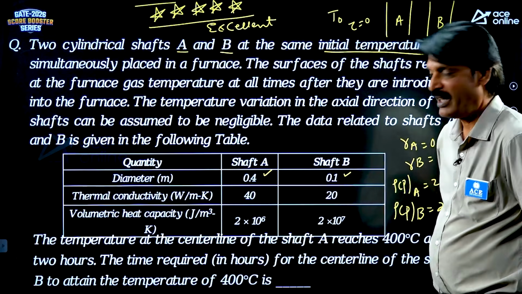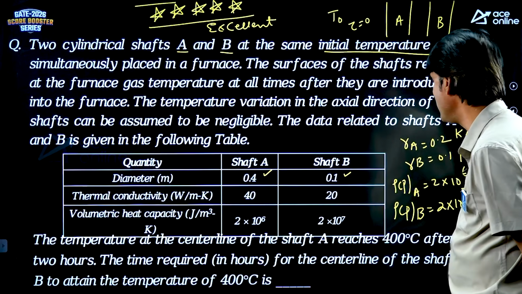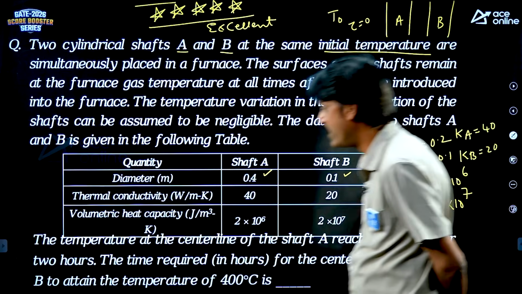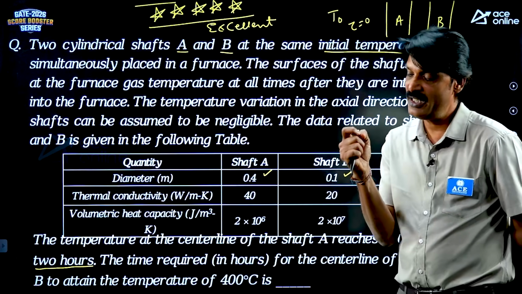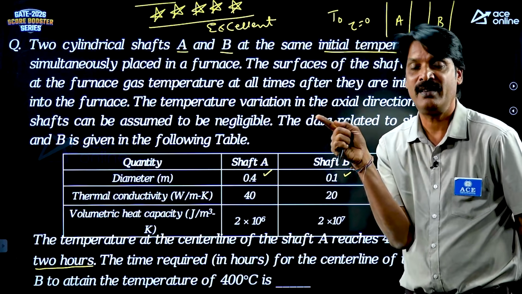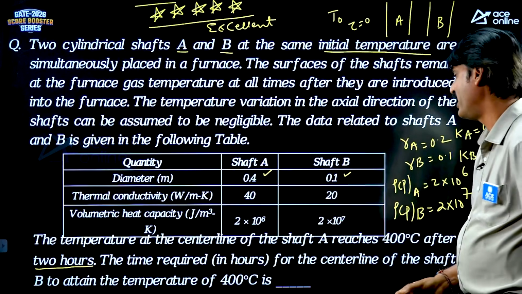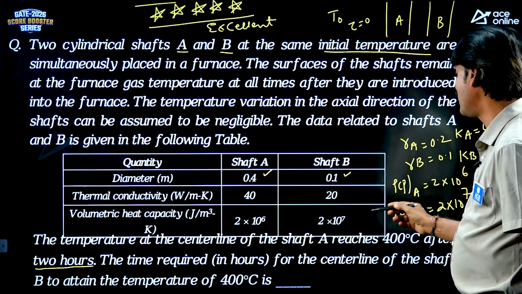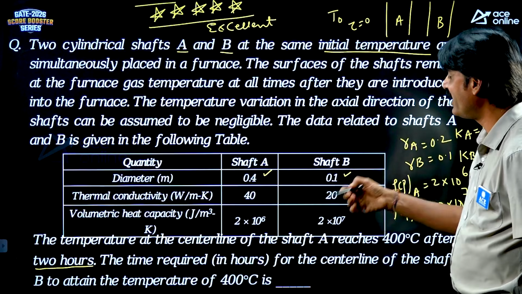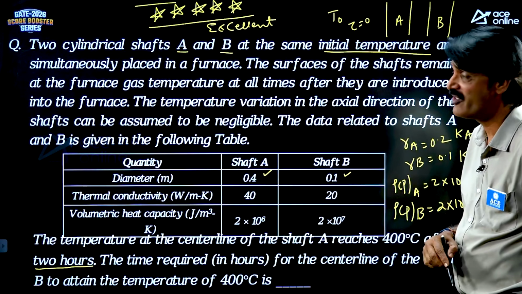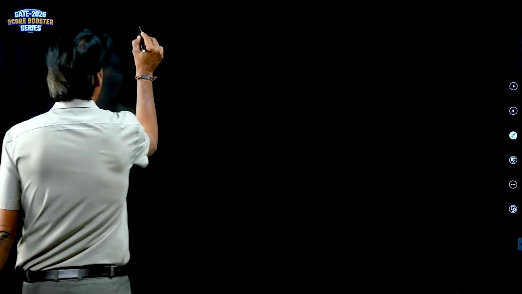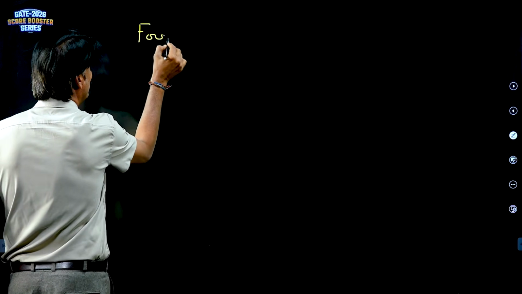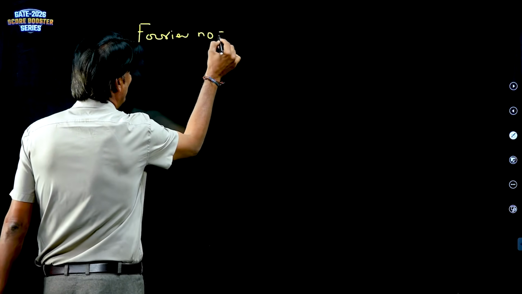Is asking you: temperature at the center line of shaft A reaches 400 degrees centigrade after 2 hours. That means center line temperature of shaft A after 2 hours has reached 400. So the time required in hours for the center line of the shaft B to attain the temperature of 400 degrees centigrade is such a beautiful question given for objective. Yes, this is possible when Fourier number is constant.